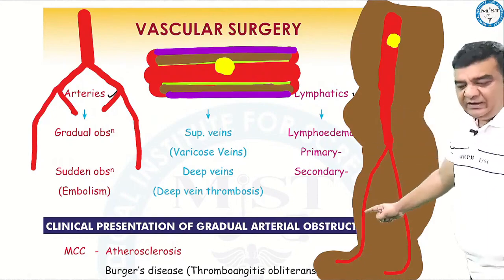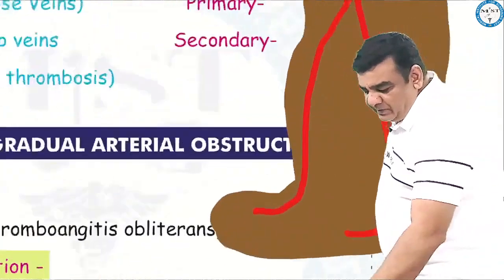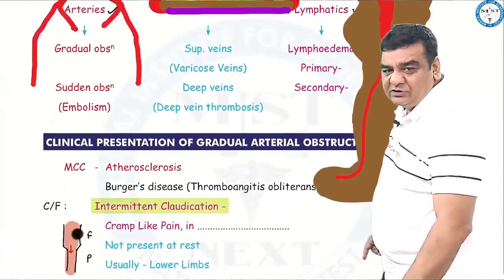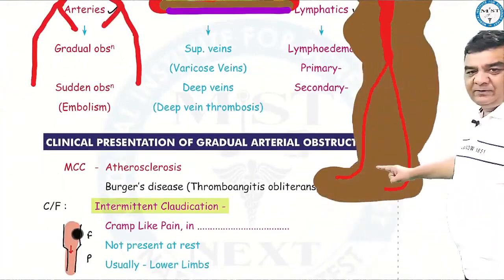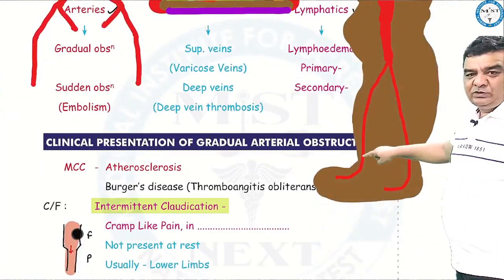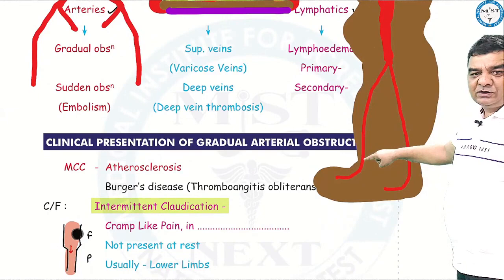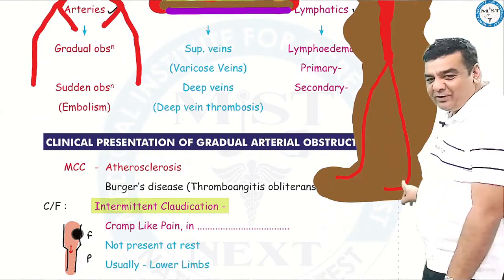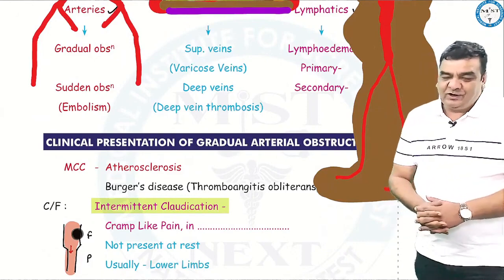We can feel the anterior tibial pulsations next to the tendon of extensor hallucis longus at the ankle. And the posterior tibial pulse, this was an anatomy question asked on 4th of June 2022.